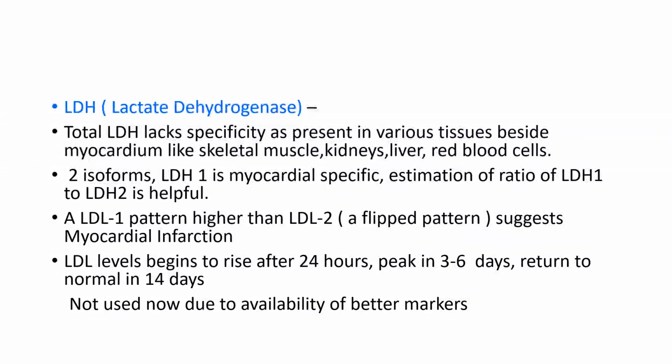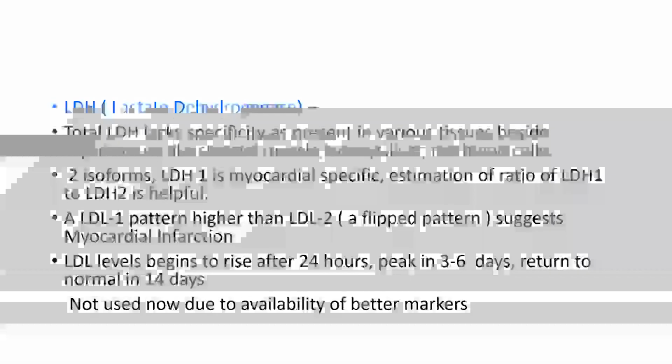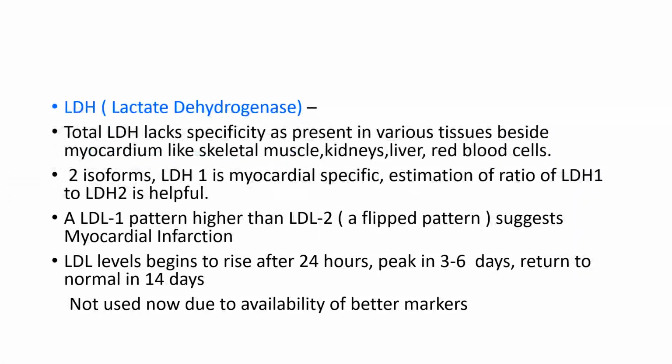Another marker is LDH or lactate dehydrogenase. Again, total LDH lacks specificity as it is present in various tissues besides myocardium such as skeletal muscle, kidney, liver, red blood cells, etc. There are two isoforms, LDH1 which is myocardial specific, and LDH2. Estimation of the ratio of LDH1 to LDH2 is helpful.